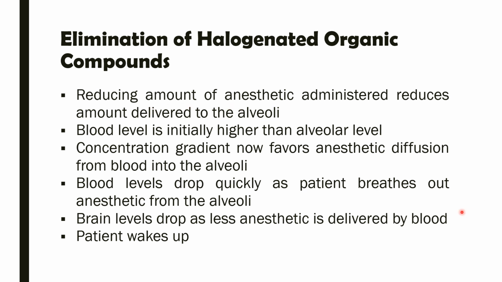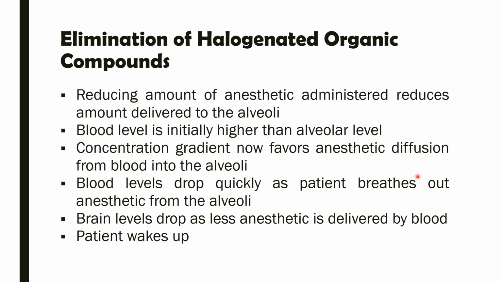So the blood level during elimination is initially higher compared to the alveolar level. The drug is still in the system, and the blood level of the drug is higher than in the alveoli.